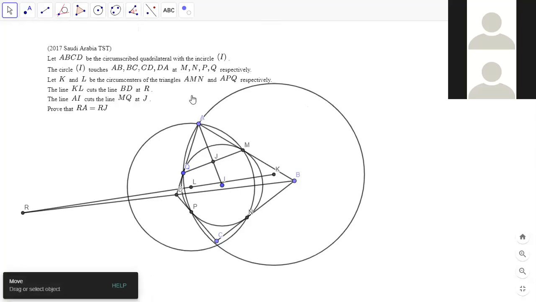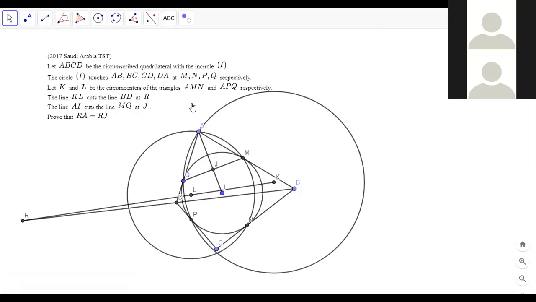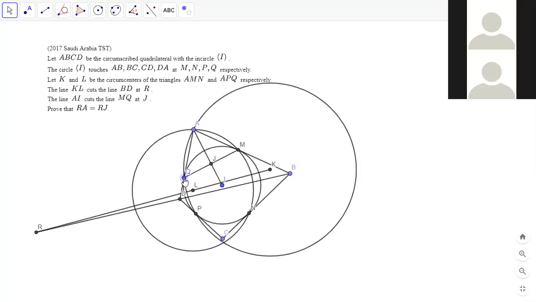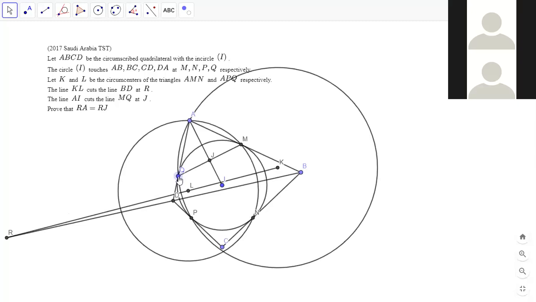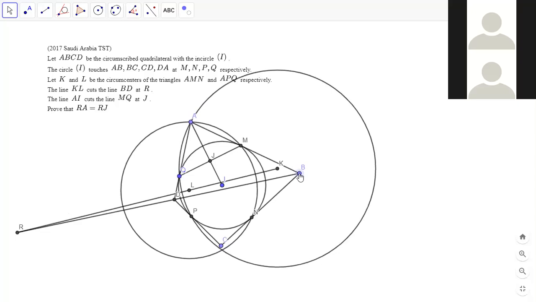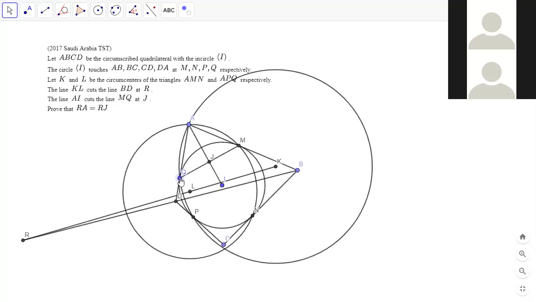Let's check the chat. So let me see if I can make C farther away from the circle. It's kind of hard to do that.